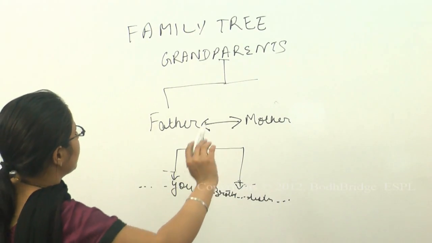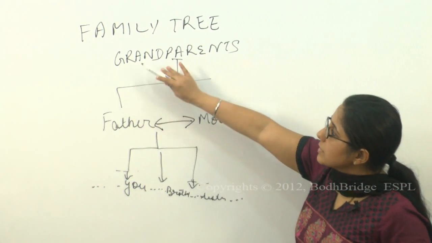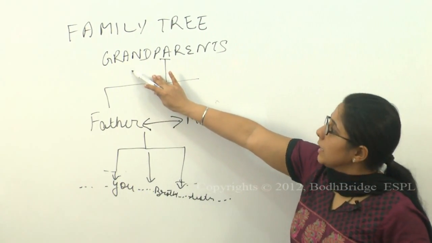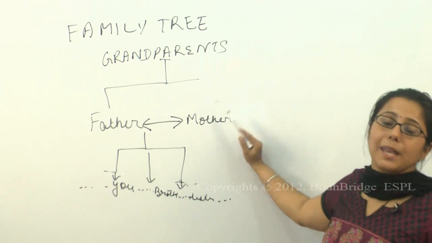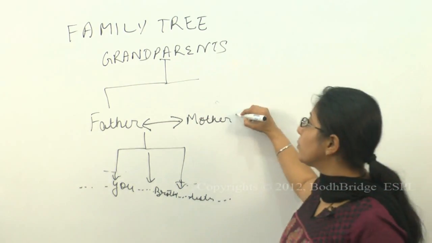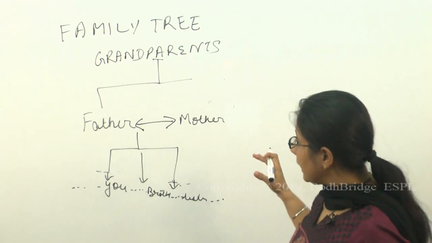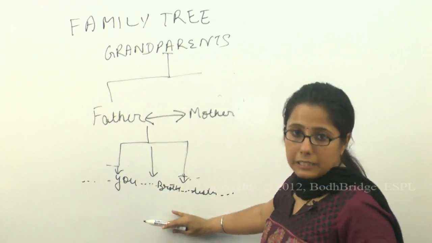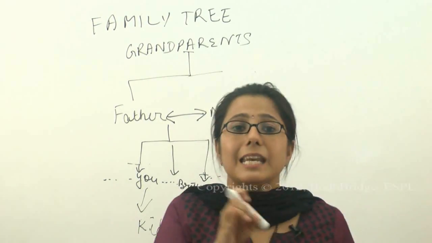Now just see the relationship. From the paternal side, your father's parents will be your mother's father-in-law and mother-in-law, right? And your mother will be their daughter-in-law. Okay? Similarly, if you have a kid, for example, your brother and sister will be their uncle and aunt, right?